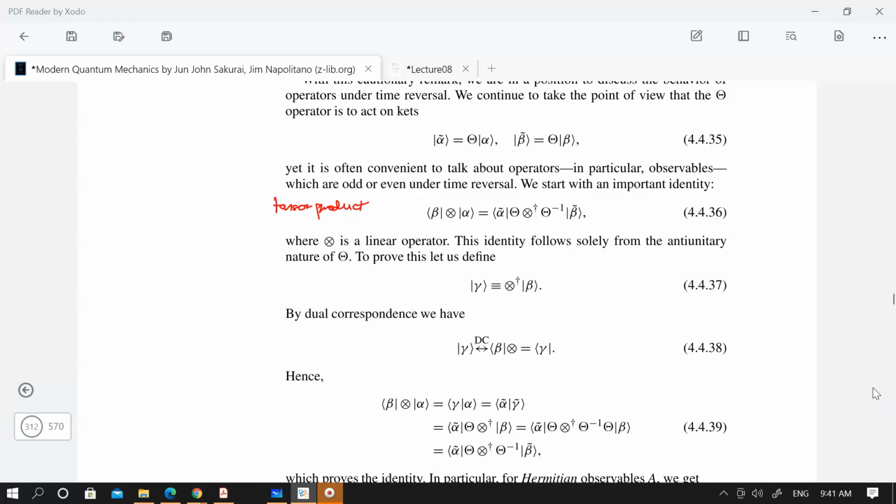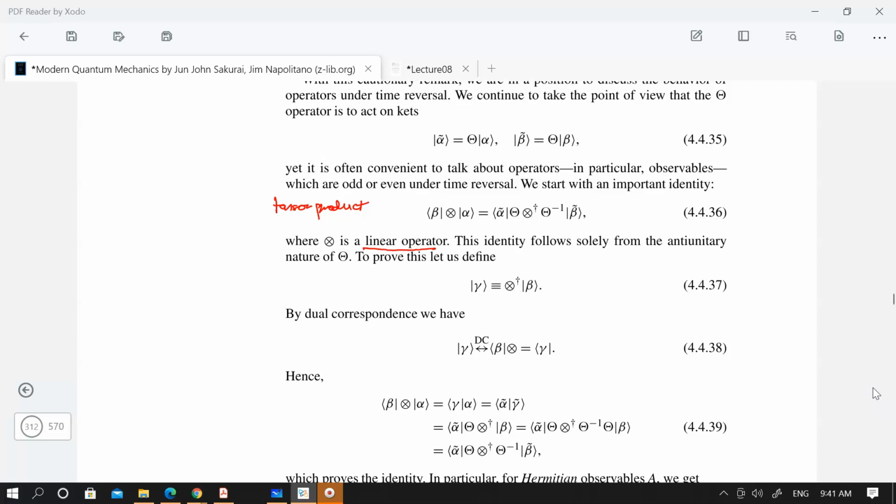You can get confused with the idea of a tensor product, which it actually is not. The point the author wants to make is that you consider any other linear operator, and then how it interacts with the time reversal operator.